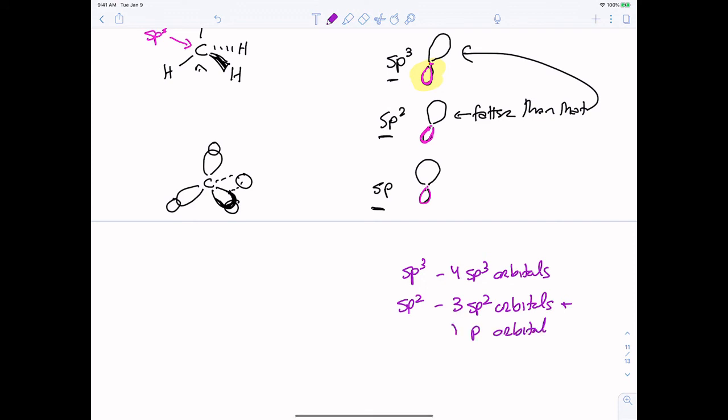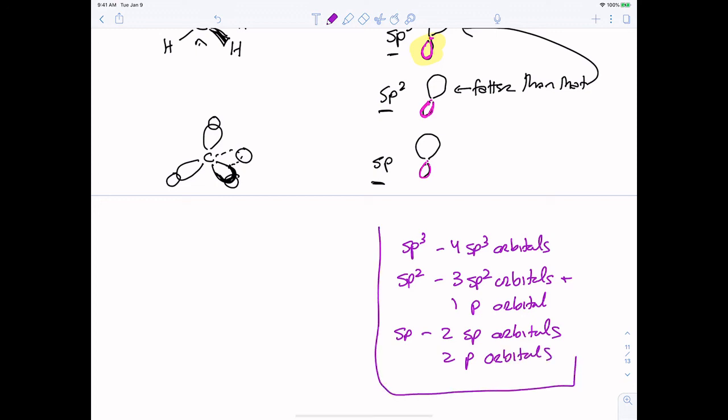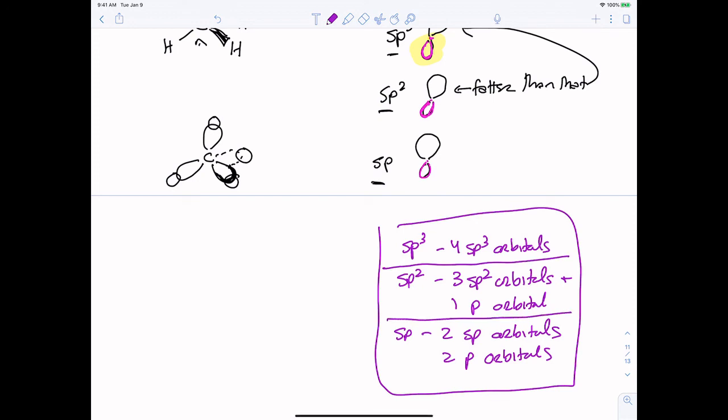Unhybridized or traditional. If something is sp hybridized, there's going to be 2 sp orbitals and 2 p orbitals that are unhybridized. So you do need to have all of those, right? So this was 4 electron groups. This was 3 electron groups. And this was 2 electron groups.